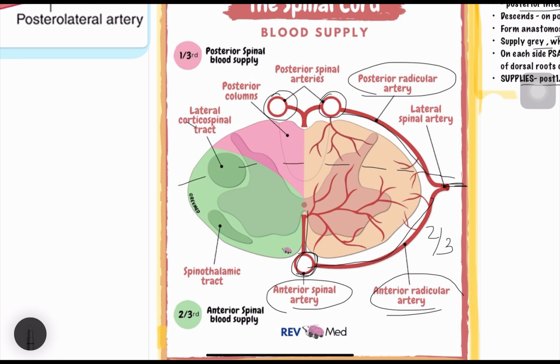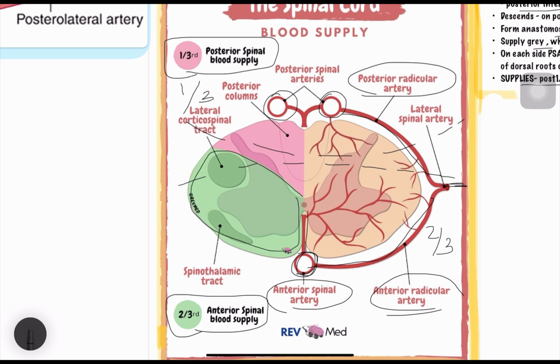The posterior spinal arteries are responsible for the arterial supply in the posterior 1/3 of the spinal cord. This is the anterior 2/3 blood supply, and that is the posterior 1/3. This part is supplied by the anterior spinal artery, whereas this part is supplied by the posterior spinal artery.